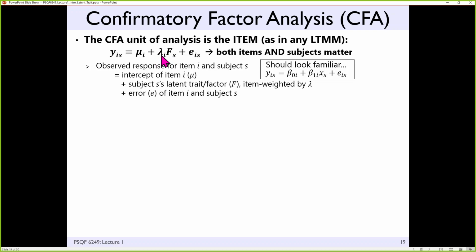Each item gets a slope, lambda. This is known as a factor loading. It's a slope. What's a slope? Zoomers, you can play along too. What's a slope? Not a trick question. The amount your predicted variable changes based on the degree of x you have.